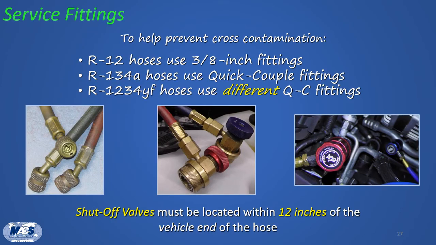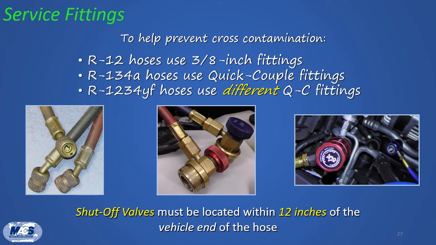One of the concerns EPA has about servicing different vehicles is possibly cross-contaminating refrigerants. So in order to help prevent that, there are regulations about the actual service fitting that's used on the vehicle and on the equipment. For example, the older R12 systems used 3/8-inch fittings, like the picture on the left.